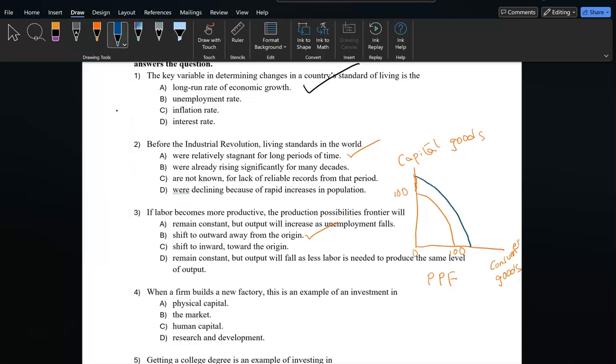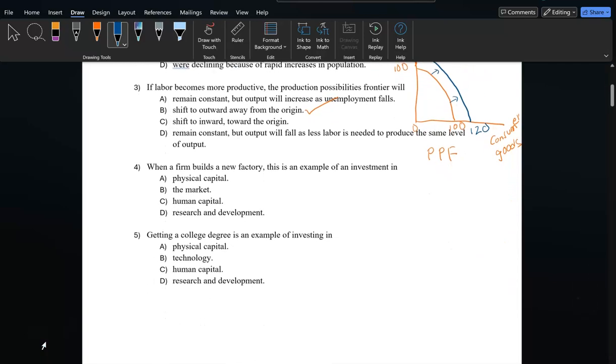If labor productivity increases, the PPF will shift outwards to the right. Let's say the productive capacity went up to 120 capital goods or 120 consumer goods.